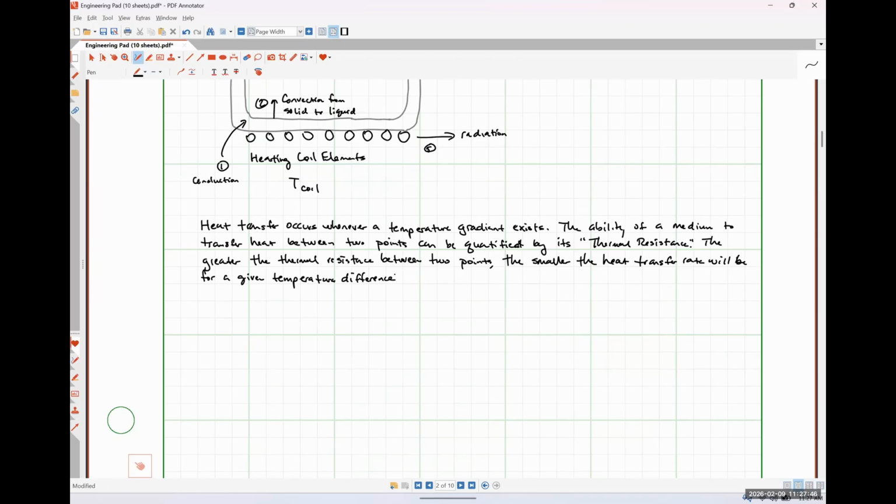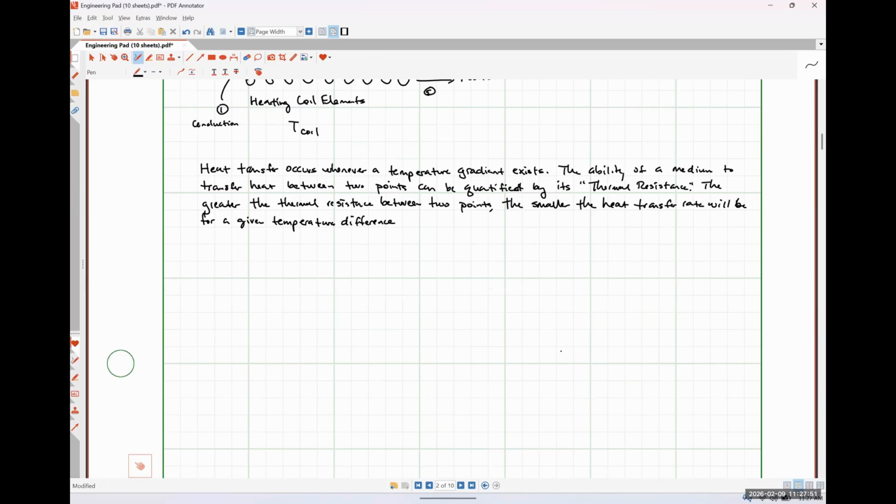So if we considered a longitudinal rod, right? So something like this, with some length L, some cross-sectional area A, and some thermal conductivity K, right?